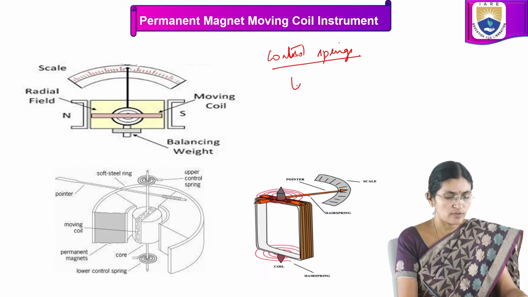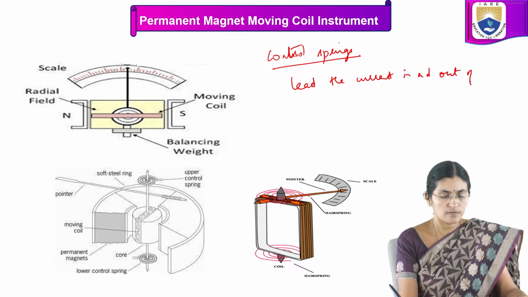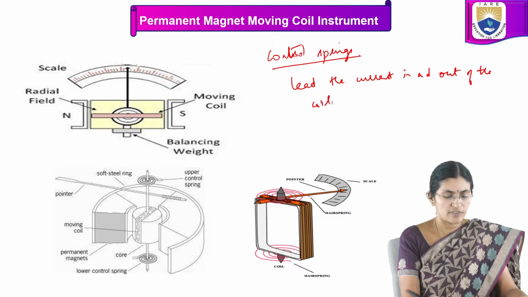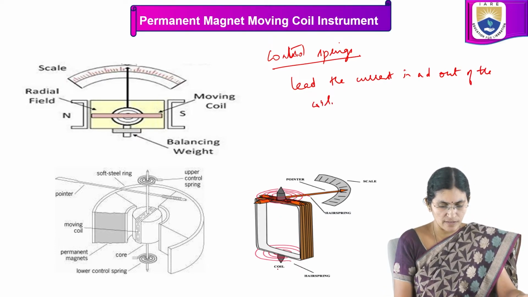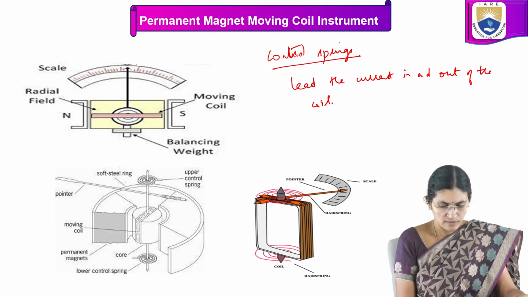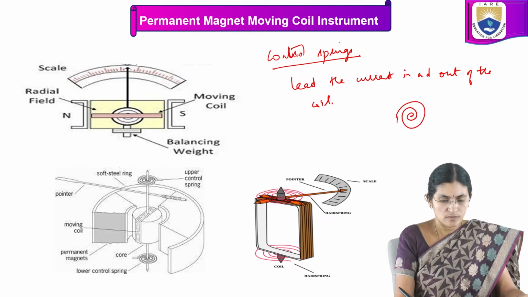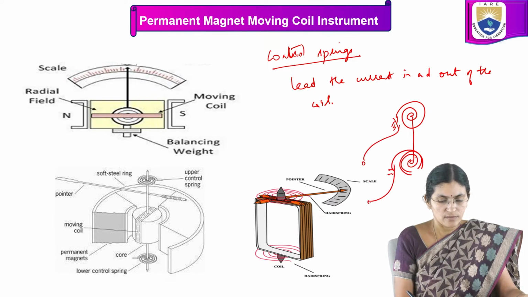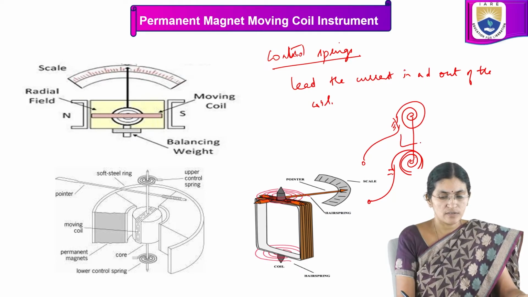They are used to lead the current in and out of the coil with the help of control springs, as you can see here. So these are the springs, and these are the leads.